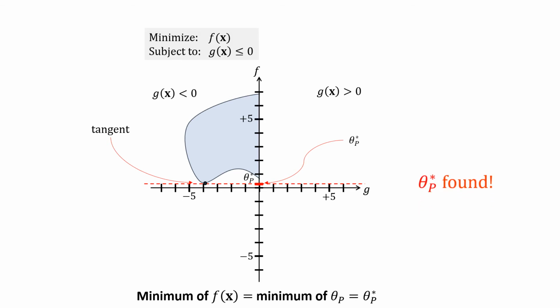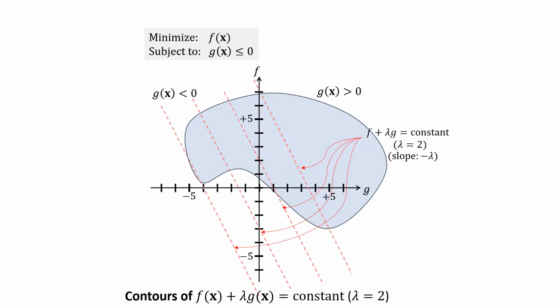Thus, we have found theta p star. Our next goal is to find theta d star. These straight lines in red are contours of f plus lambda g when lambda is fixed at a value of 2. The slopes of these straight line contours are negative lambda.